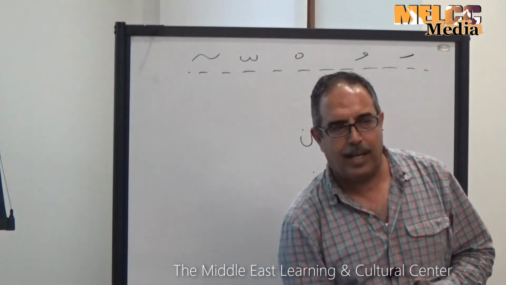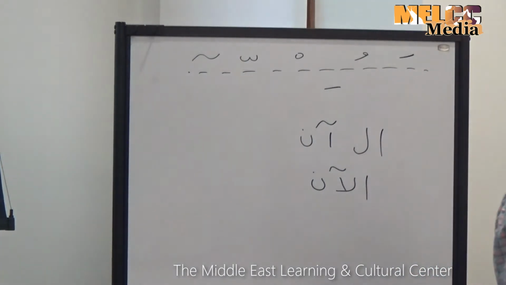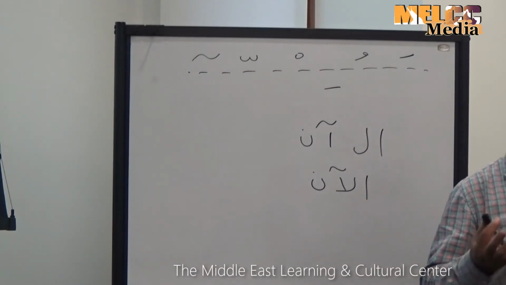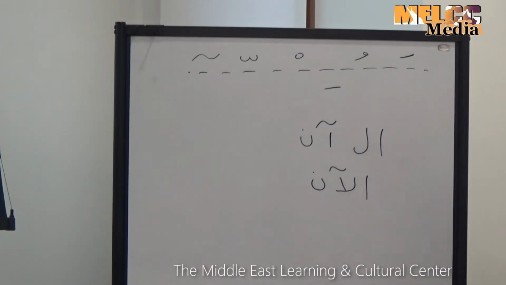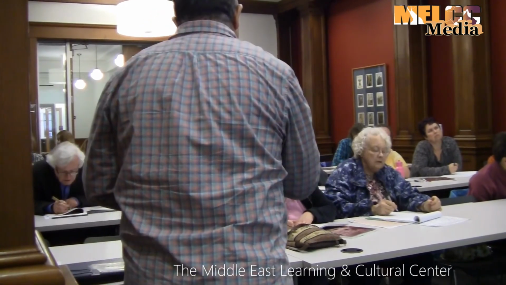Okay. We have another word here. All these words are really important for you to know, because that's how you start making simple conversation with people. Okay, next word is sheen. That's right.